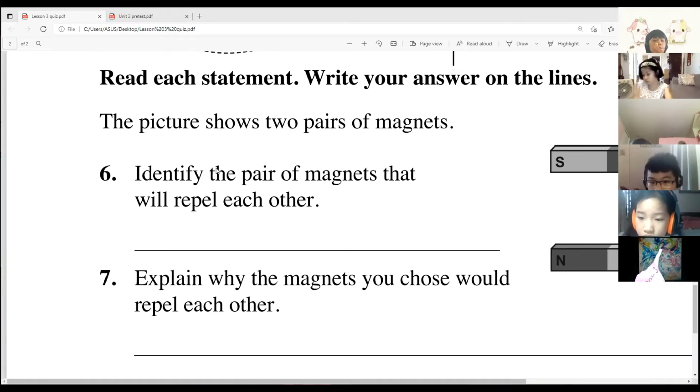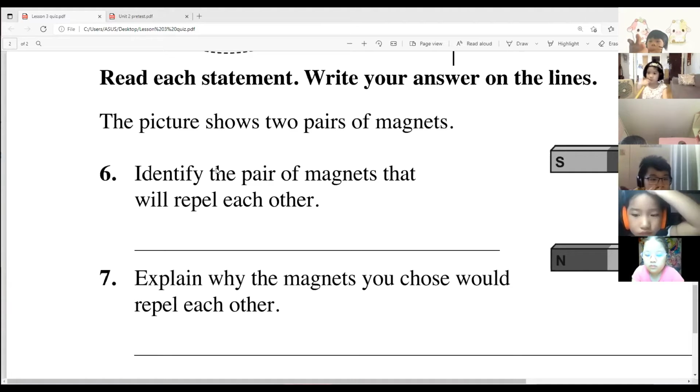Some of you only wrote one word, two words, and these are for ones that wanted entire sentences. So make sure you try to answer the questions to the best of your ability. Make sure to write as much as you can, explaining your answer. Okay, write your answer on the lines. Now, number 6 was a smaller answer, so it's okay.